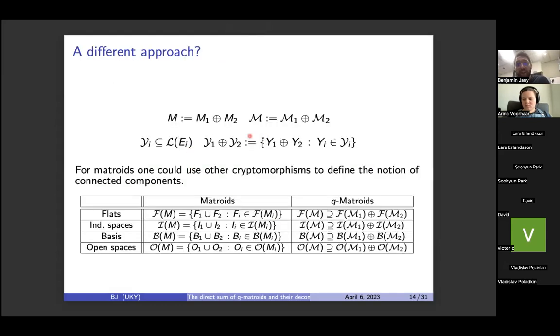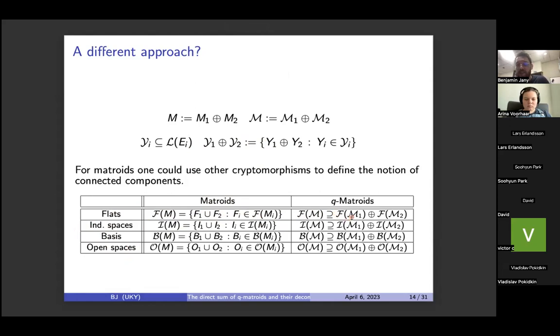One unfortunate part is that in the direct sum of q-matroids, not many classes of spaces behave well under that operation. For matroids, all those types of sets for the direct sum can be nicely characterized in terms of those sets of each component. For example, as I mentioned previously, the flats of the direct sum are precisely the union of flats of each summand. For q-matroids, that does not hold true.